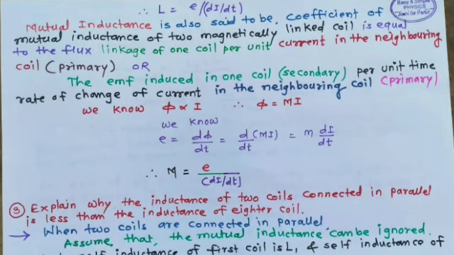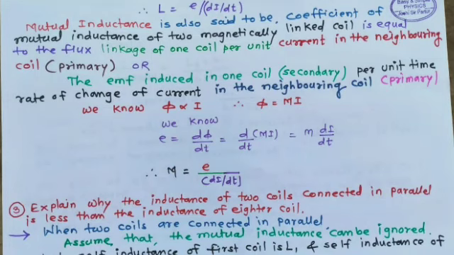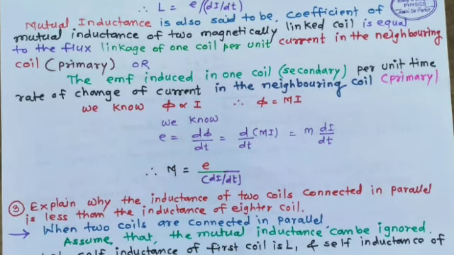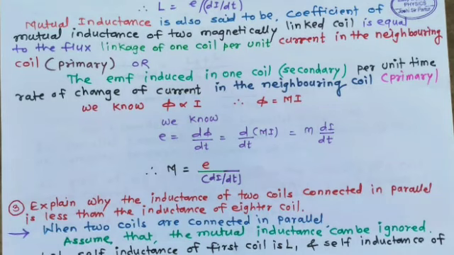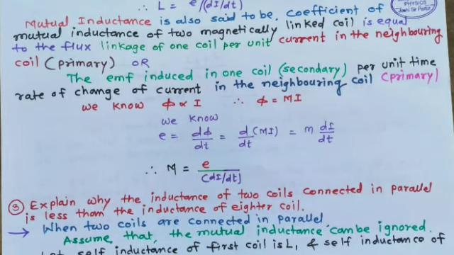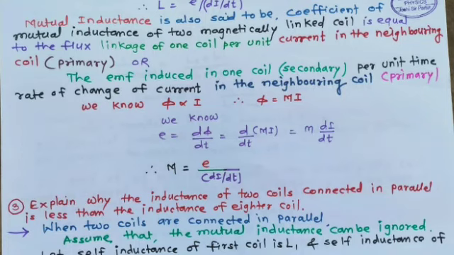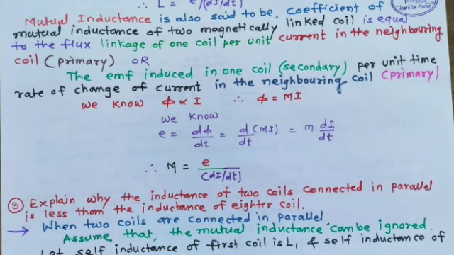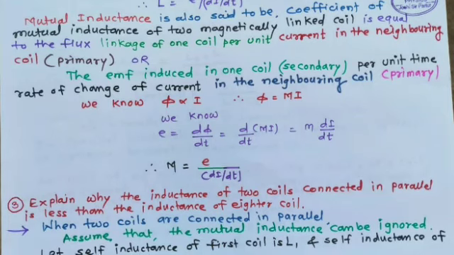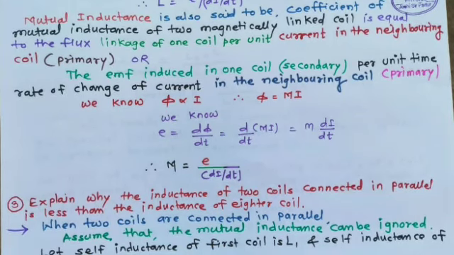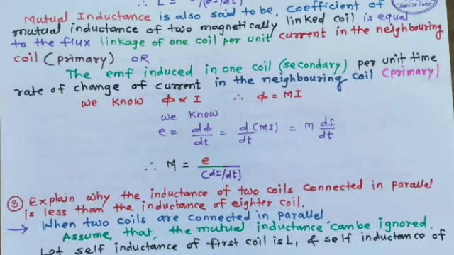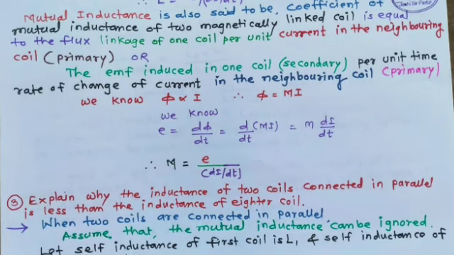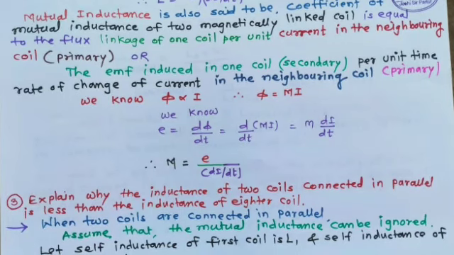Mutual inductance, also said to be the coefficient of mutual inductance of two magnetically linked coils, is equal to the flux linkage of one coil per unit current in the neighboring coil or primary, or the EMF induced in one coil, that is the secondary coil, per unit rate of change of current in the neighboring coil, that is the primary.